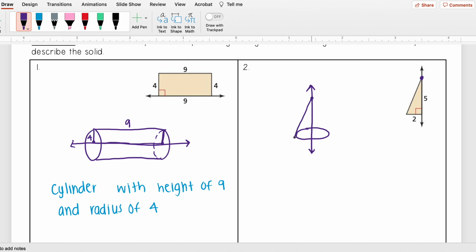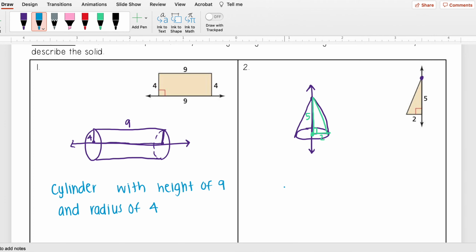So I'm going to end up with a cone on this one. And so here I still have my original triangle, which is a different color here. And that triangle had a height of 5 and a base of 2.